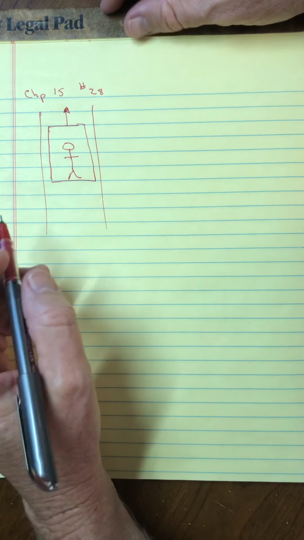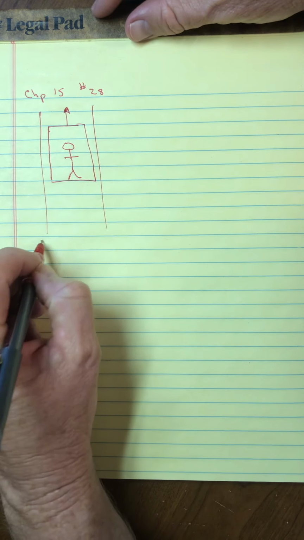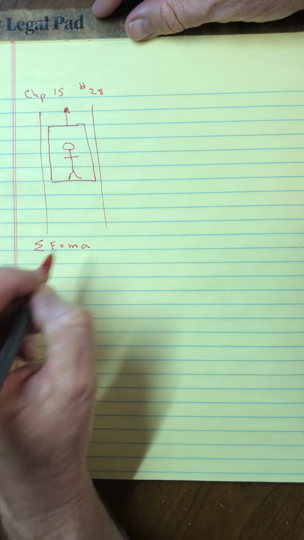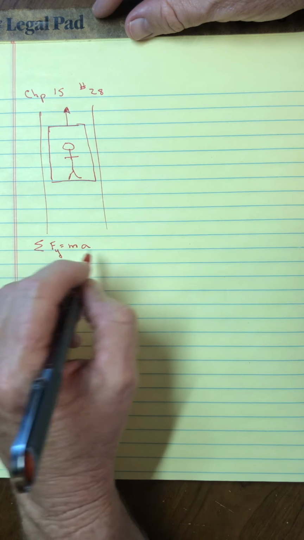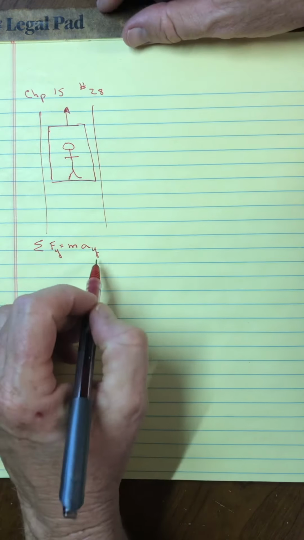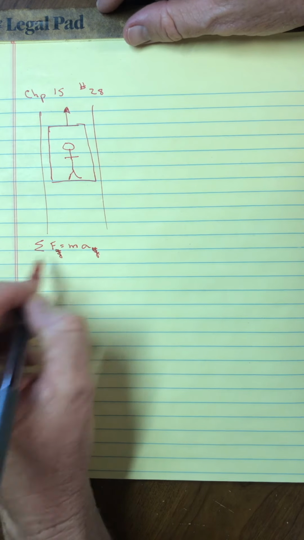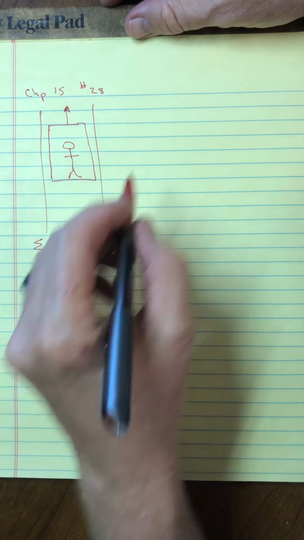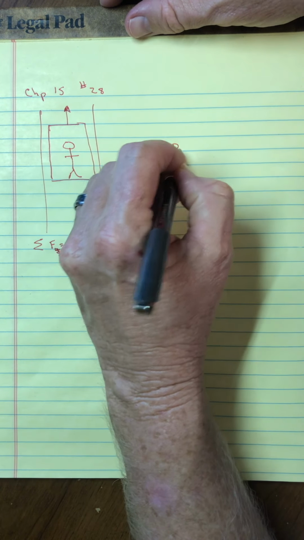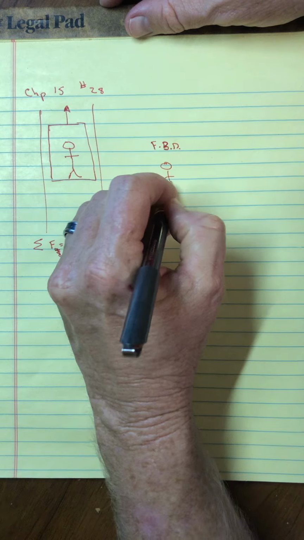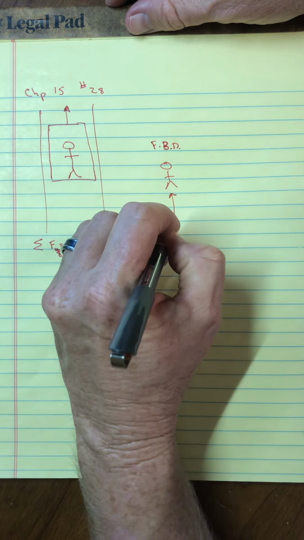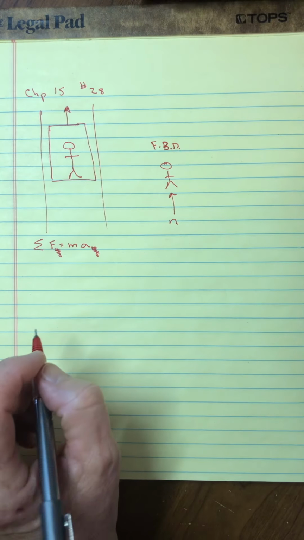And Einstein was thinking about this, and he said, okay, now if you add up all the forces in the vertical direction and set that equal to ma, so forces in the vertical direction give you acceleration in the vertical. And I'm only going to deal with the vertical, so I'll just drop the subscript y. But as I draw a free body diagram for this individual in the elevator, the bottom of the elevator is pushing up with a normal force.